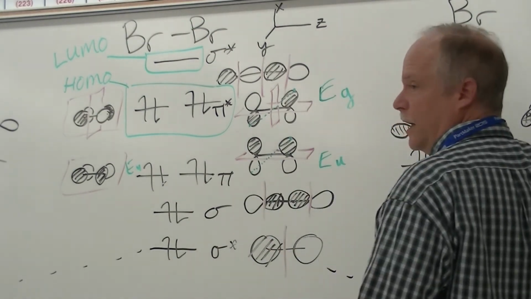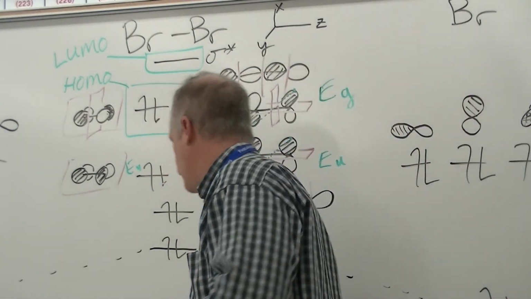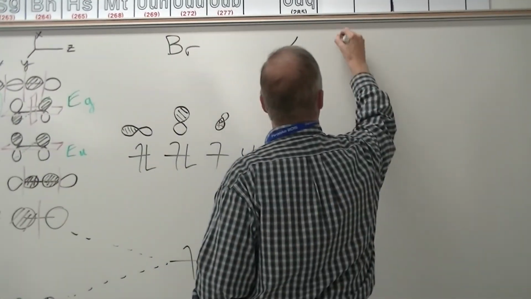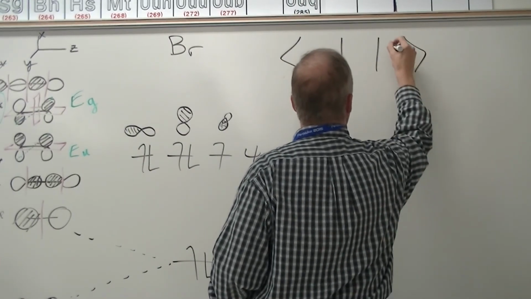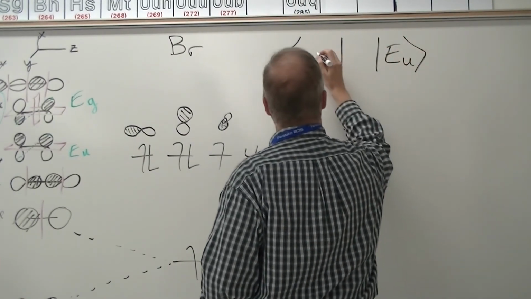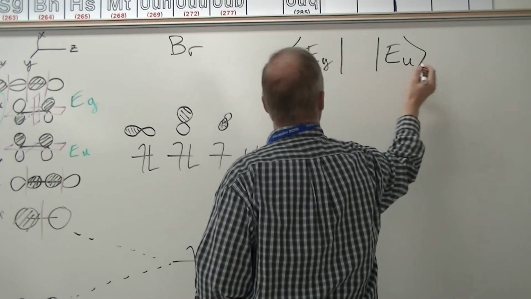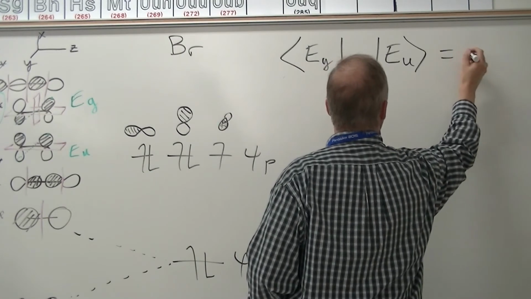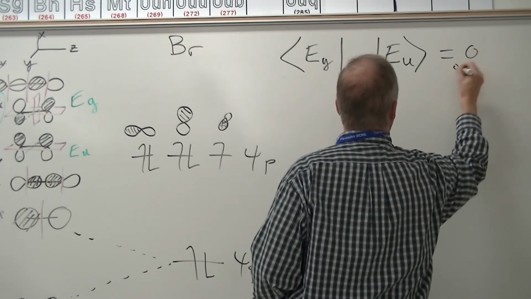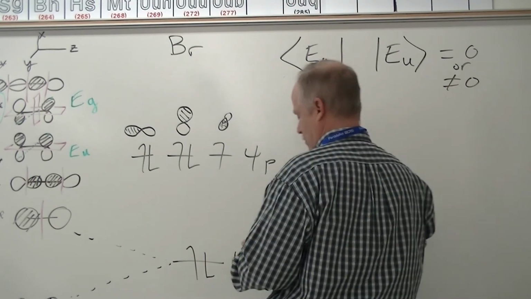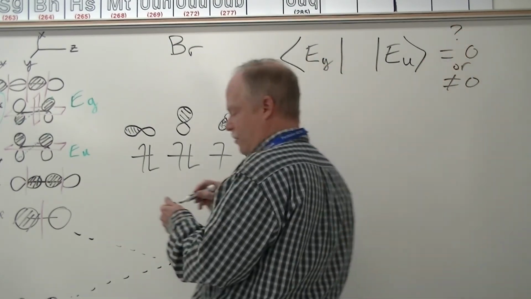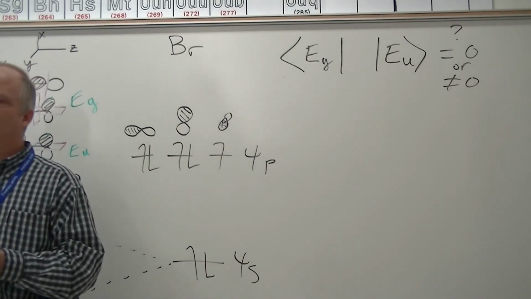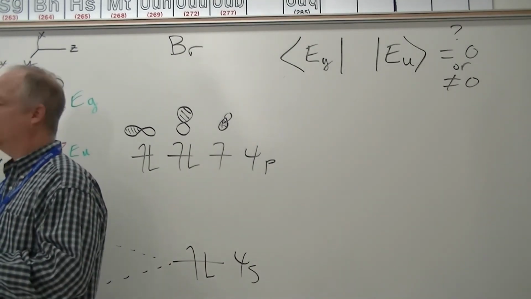Probably best just to work right here, okay? So that's my question. Is that integral going to be equal to 0 or not equal to 0? Would this be an allowed transition if we had space for the electron?